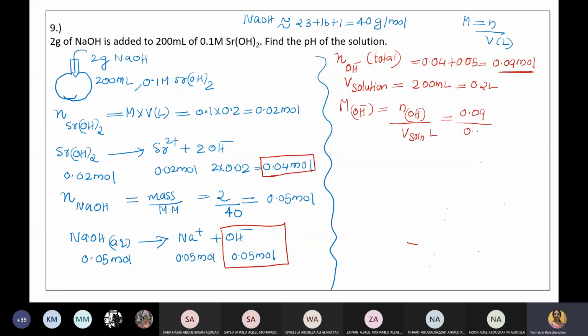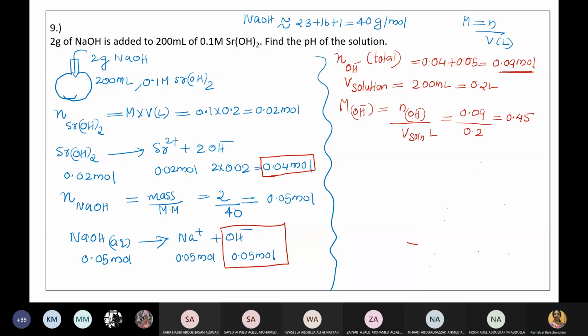The volume of the solution is 0.2. So what's the value? 0.45. Correct? Yes.